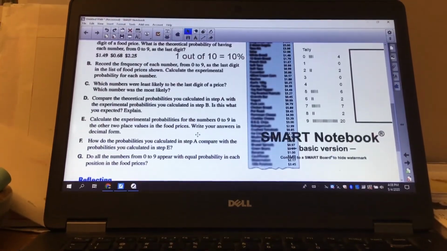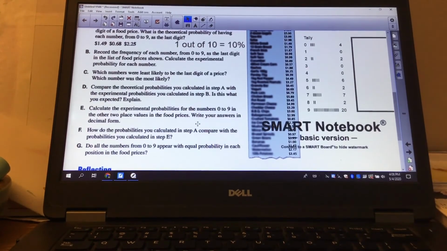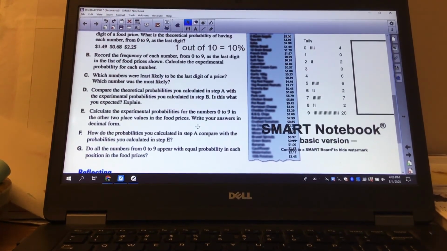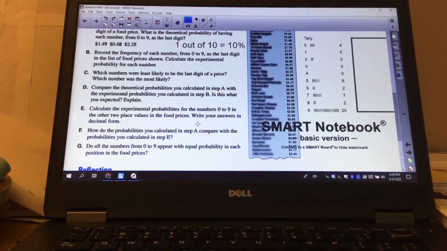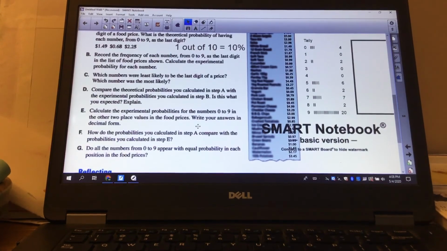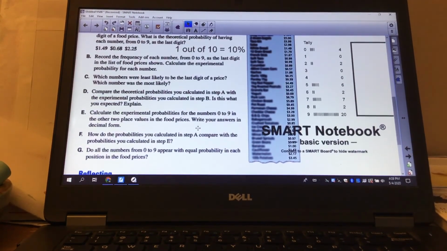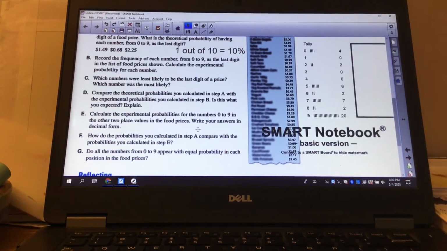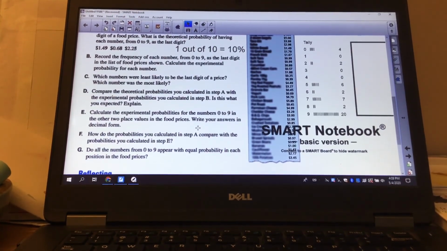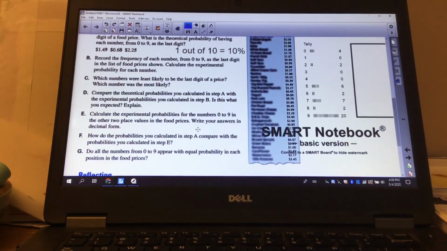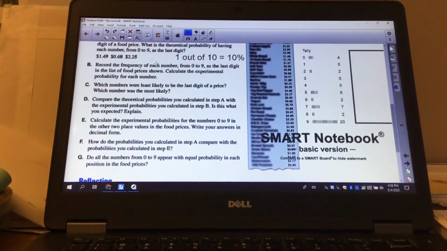And then we go from there. So finally, G, do all the numbers from 0 to 9 appear with equal probability in each position in the food prices. You can probably get a guess of that just by looking at it. But your job for the rest of math today is to do E, F, and G. So you're basically doing the same thing as what we did together, but with the other 2 place values. So snap a picture and get your 2 XP for doing that.